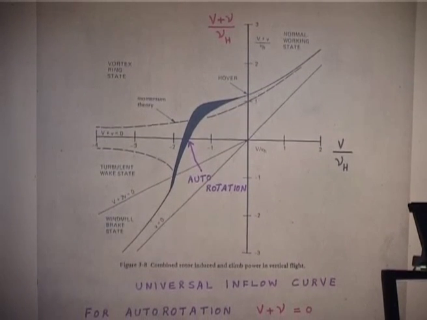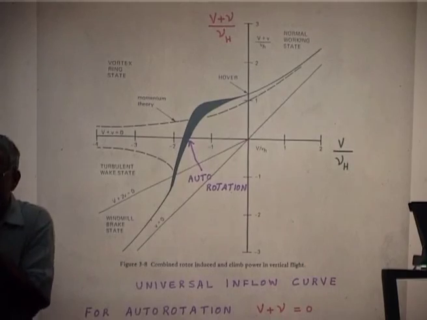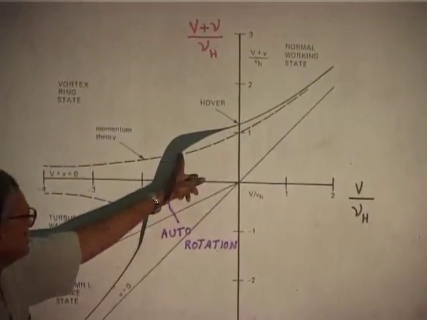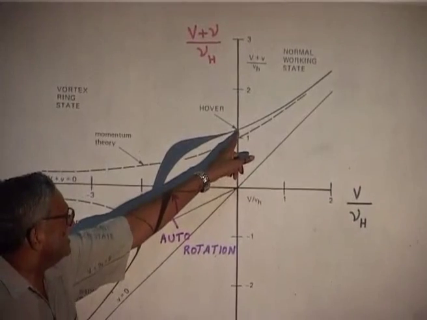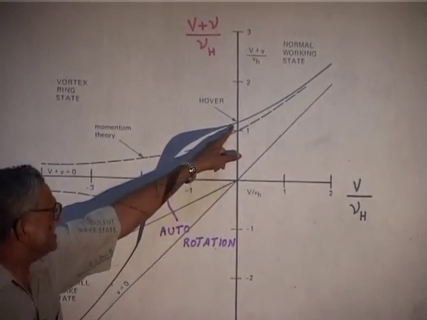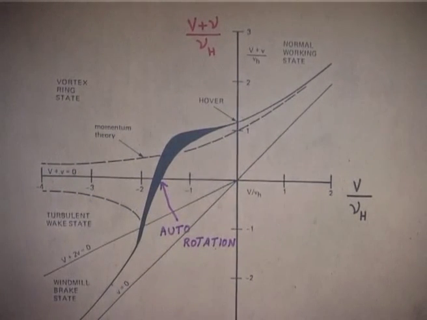Now, you see, even when I descend very slowly, see this line, this is the theoretical line, it is slightly up, but it is all right. It is not that this is deviating totally off. So, I make a small error even in my other expression, but it is okay, I can take that inflow if I am coming down slowly.